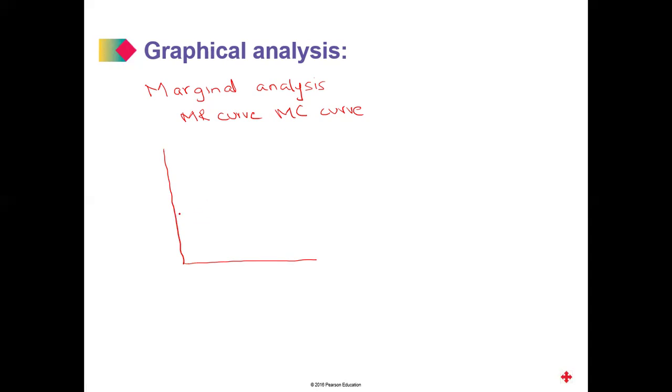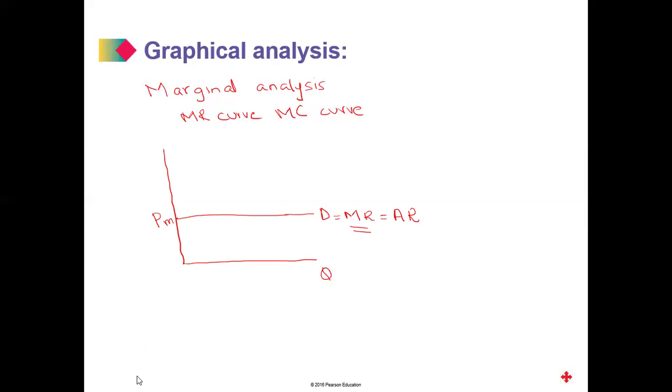So we know that the demand curve of a single seller is a single horizontal line at the market price. So this is the market price and this is the demand curve of a single seller. And we also know that demand is equal to marginal revenue is equal to average revenue. So this demand curve is also equal to the marginal revenue. So this is also our marginal revenue curve.